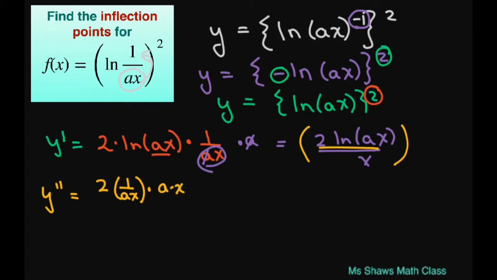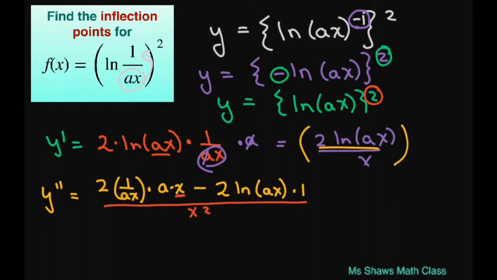And then you minus, and we're going to copy down 2 ln of ax, and then we're going to differentiate the denominator, which is 1. And this one, it was the x for the denominator. And then you square the denominator, so x squared.